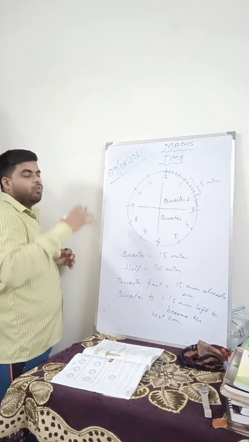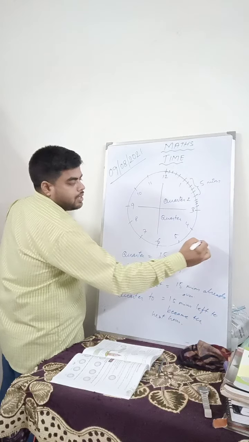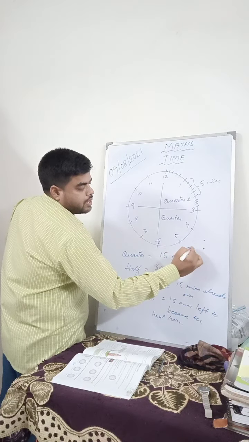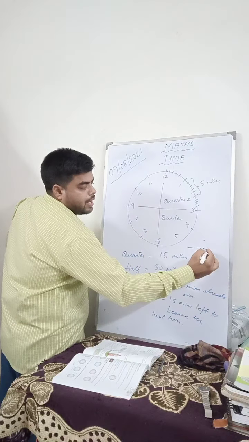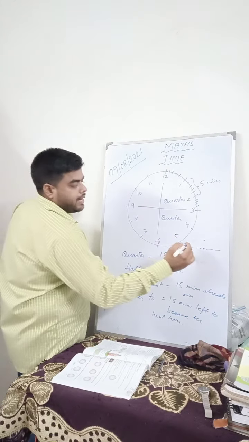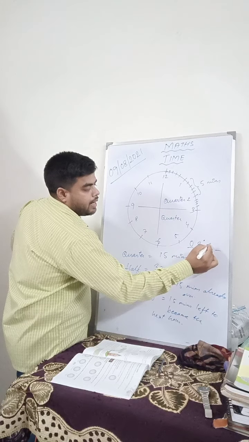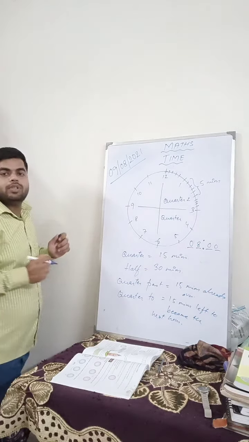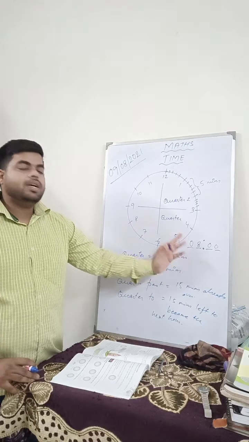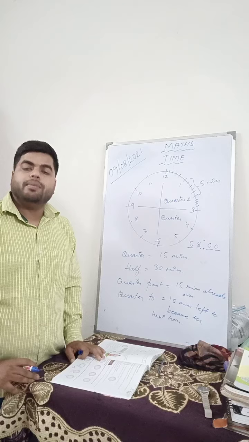When we write the time, we use a colon. The first two digits are the hour, and the second two digits are the minute. So if it is 8 o'clock, we write 08:00.